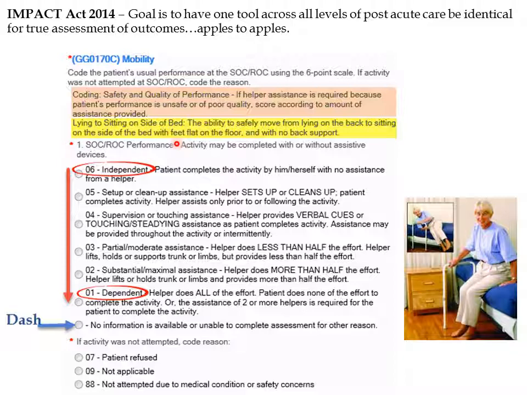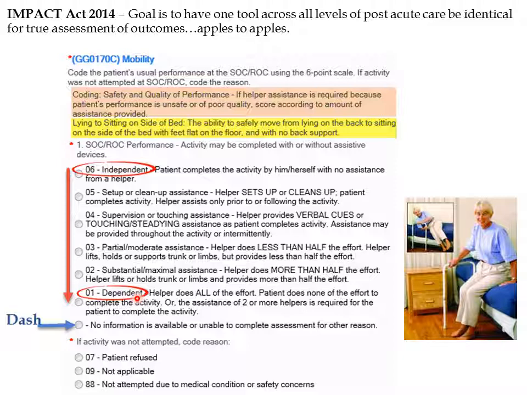You're using a 1 through 6 scale like many of the OASIS questions, except that 6 is the first option rather than 1. And 6 is the most independent level, and it goes down to the most dependent level, which is opposite from all the other OASIS questions.